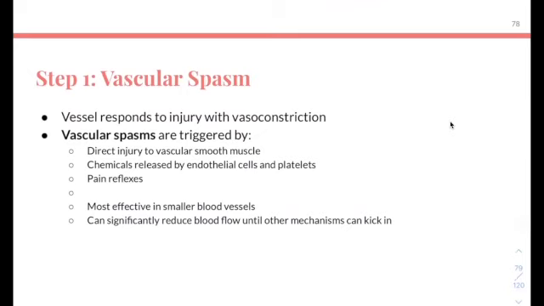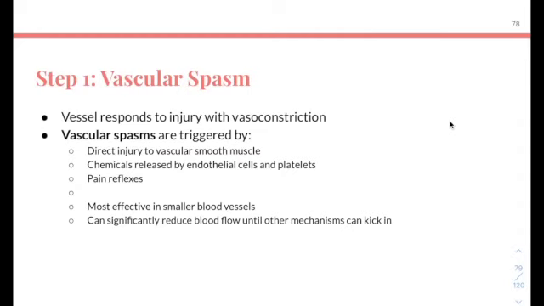They constrict, they get smaller to try to help prevent bleeding. The direct injury to the vascular smooth muscle. Blood vessels have smooth muscle, so that's not something we can really control.